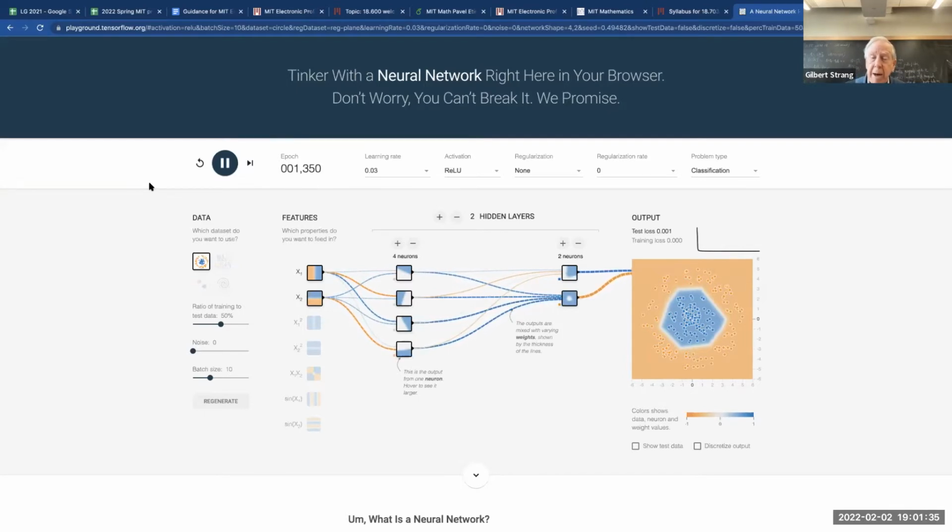So it's exactly right. It separated the blues from the oranges. It's plus for blues, minus for oranges, just what we want. So now we've trained it, and now we would use that same function for new data that the system has not seen. But let me just repeat the URL, because you can do all this yourself.